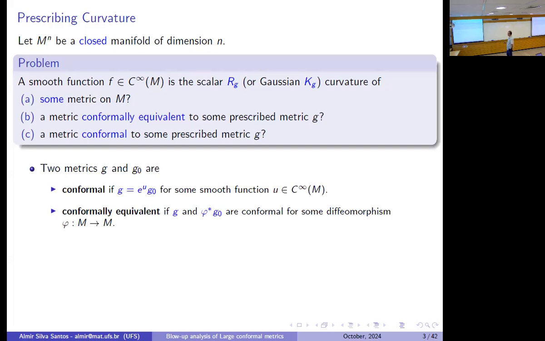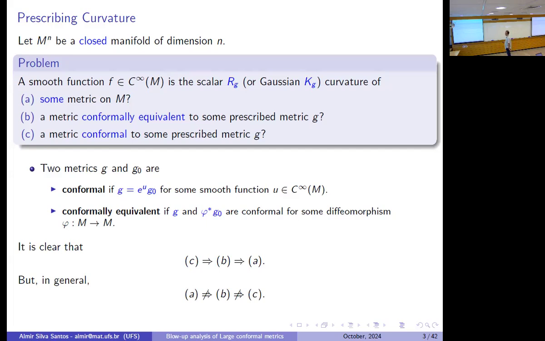The presence of the diffeomorphism gives us some freedom to solve a problem that you cannot solve in the other sets. It's clear that problem C implies B, which implies A, but the reciprocal is not true.